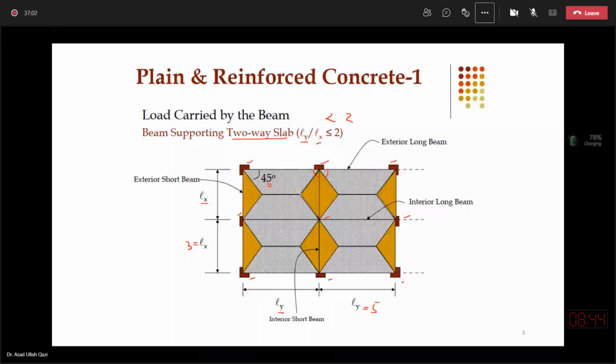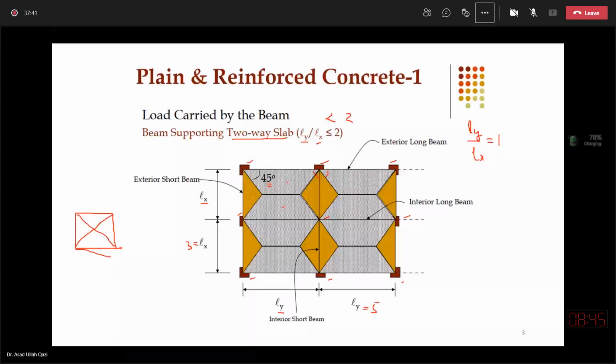If the aspect ratio Ly over Lx is 1 and the panels are square, you get 4 triangles for each panel, because once you radiate out 45 degree lines, if the panel is exactly square, you will not get any trapezoid, so it will be a total of 4 triangles. Here, since it is 5 by 3, we will get 2 trapezoids and 2 triangles.